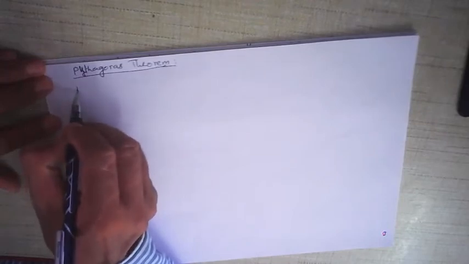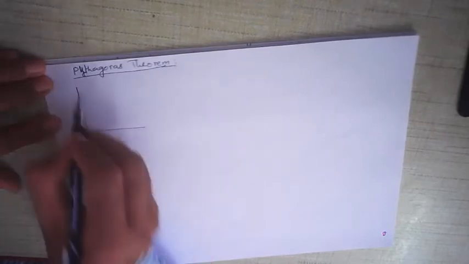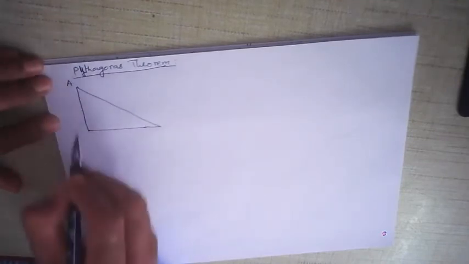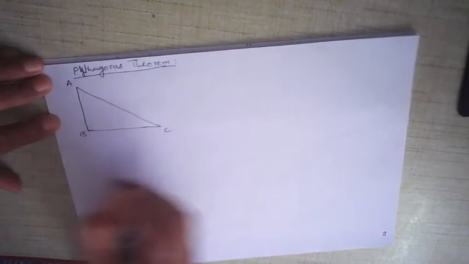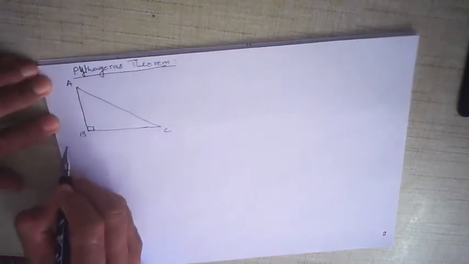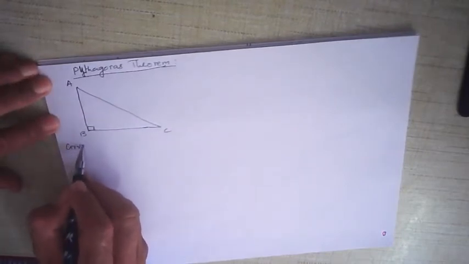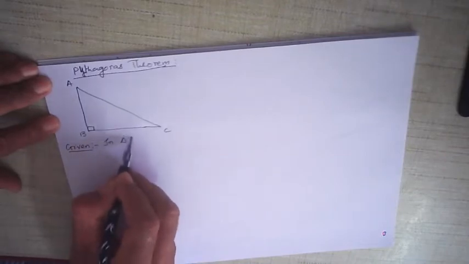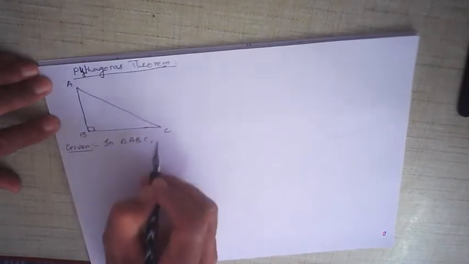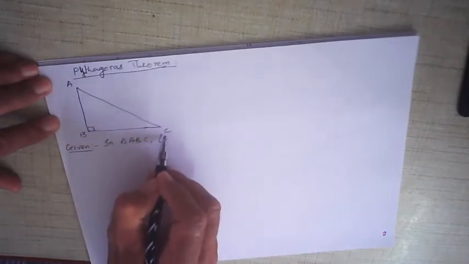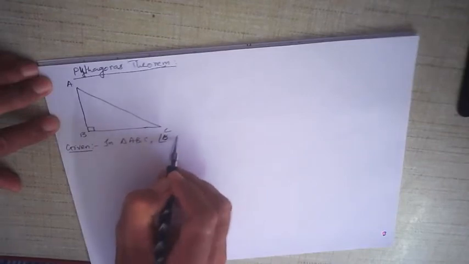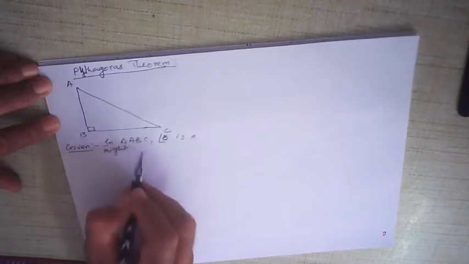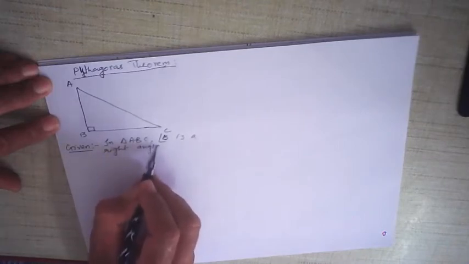First of all, if we have a right angle triangle, let us suppose triangle ABC is a right angled triangle. So what are we given? Given in triangle ABC, angle B is a right angle.